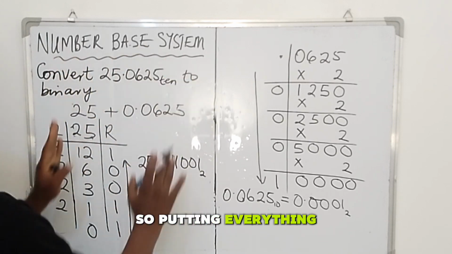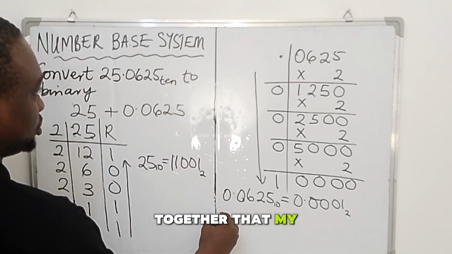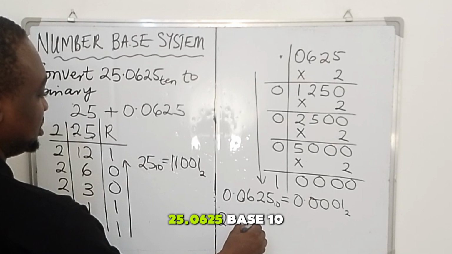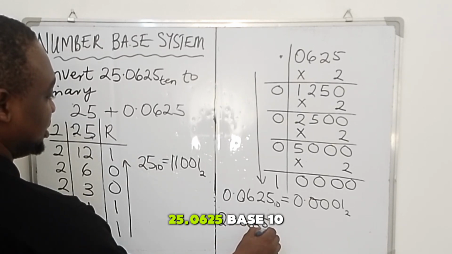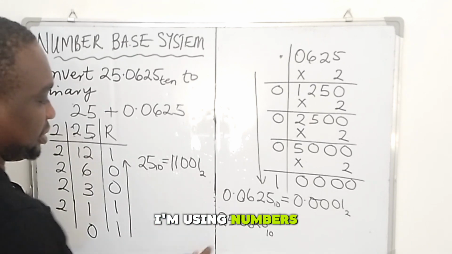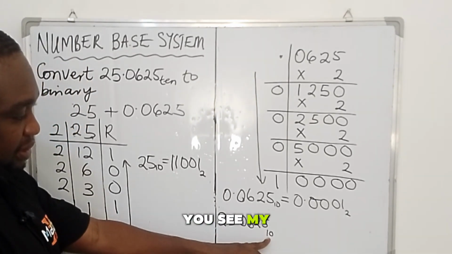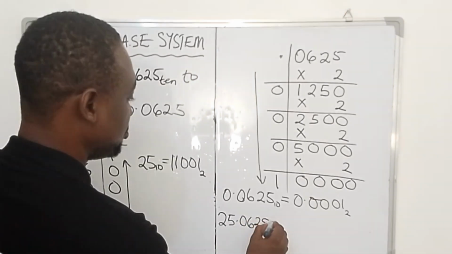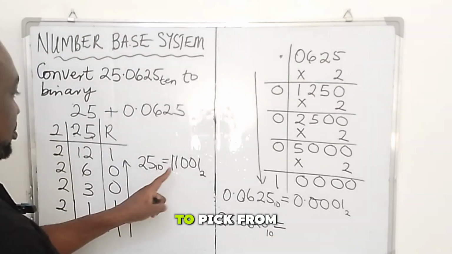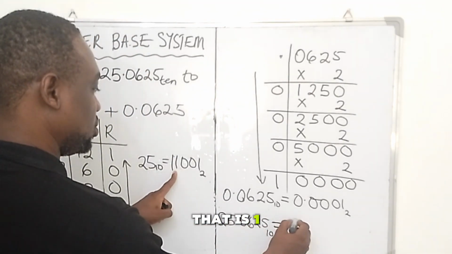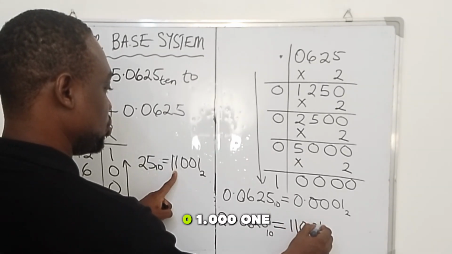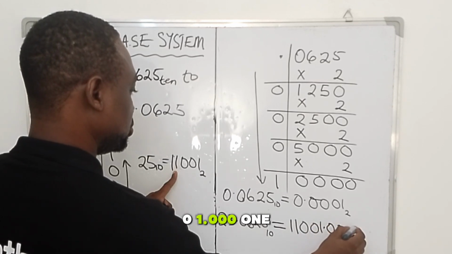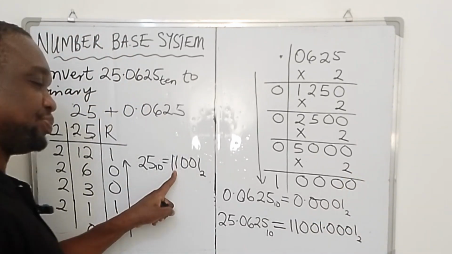So putting everything together, 25.0625 base 10, because of space I'm using numbers, I hope you see my base, I'm making it truly a subscript, will be equal to, pick from here, that is 11001.0001 base 2.